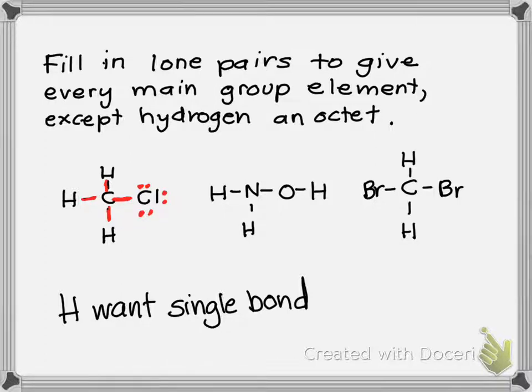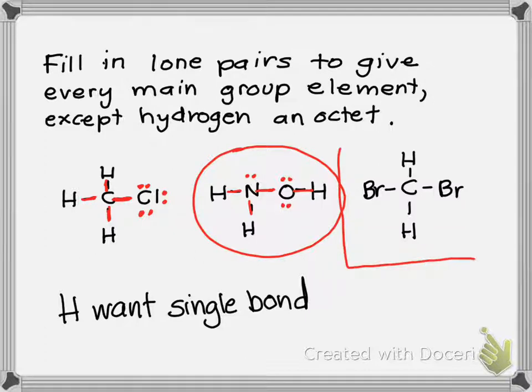So looking at the second example right here, all the hydrogens are complete. They don't need any lone pairs. But nitrogen has 2, 4, 6 electrons, so it needs 1 lone pair. That would make 8. And oxygen has 2, 4, so it would need 2 lone pairs, right? 6, 8.